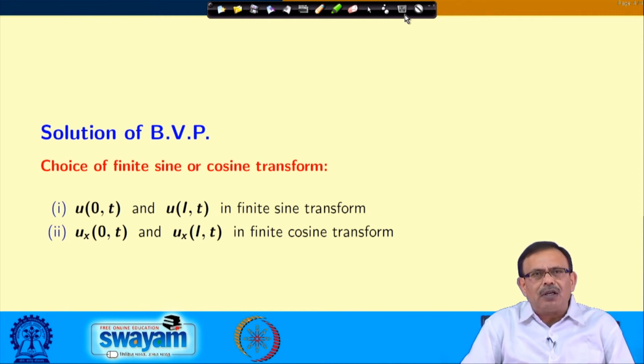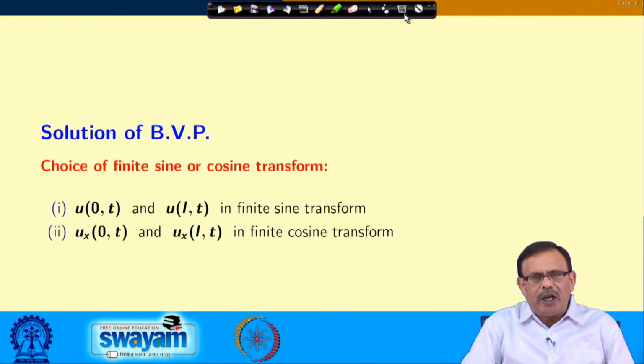For the finite sine transform, the values of u(0,t) and u(L,t) must be known to us, then only I can use the Fourier sine transform.